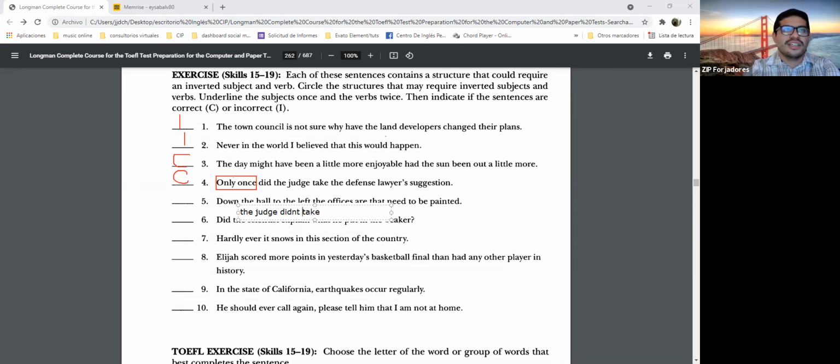The judge never didn't take the defense lawyer's suggestions, right? And in this sentence, I omitted the negative expression. That would be another way to say the same idea. But remember, if you have a negative expression at the beginning of the sentence, you have to invert.